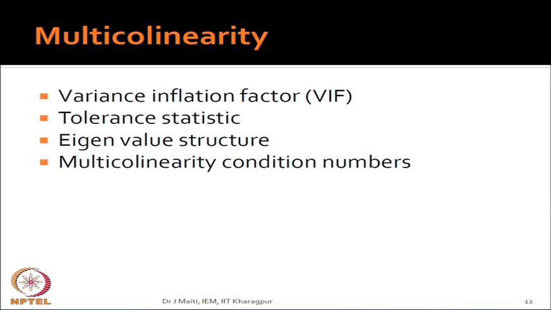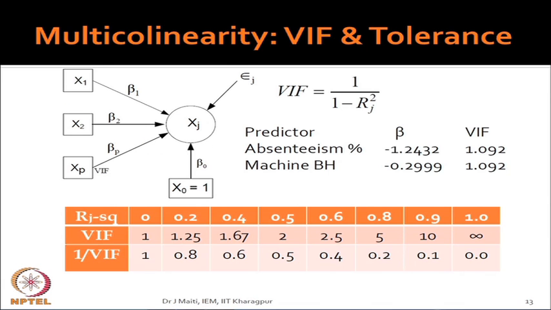Okay. So what will we discuss? We will first discuss the variance inflation factor. Okay. What is variance inflation factor? Suppose out of these p independent variables, there is a correlated structure, in the sense of a dependence relationship. So arbitrarily we are taking one independent variable as the dependent variable.